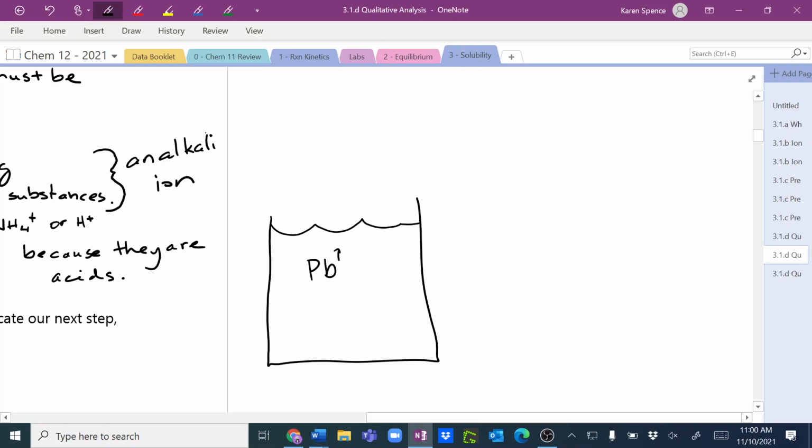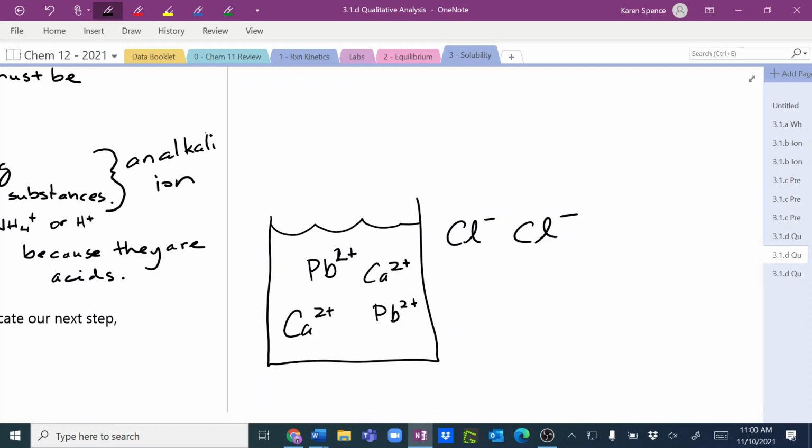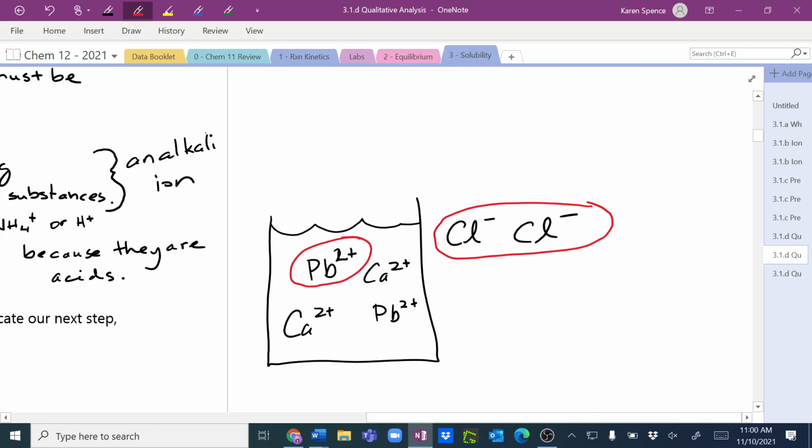I'm just going to write this assuming I have lead and assuming I have calcium. If I was to add 2 chloride ions, how many of my leads would that precipitate? It would precipitate 1 because these 2 chlorides would get together with that 1 lead and I would get a precipitate.